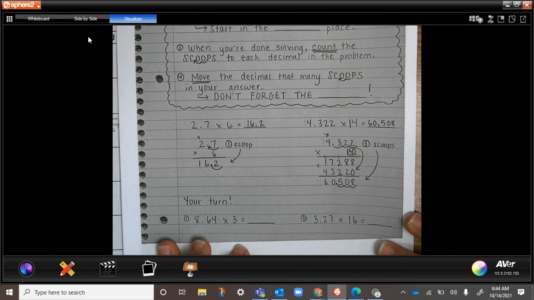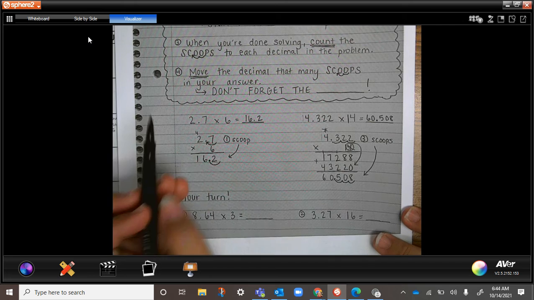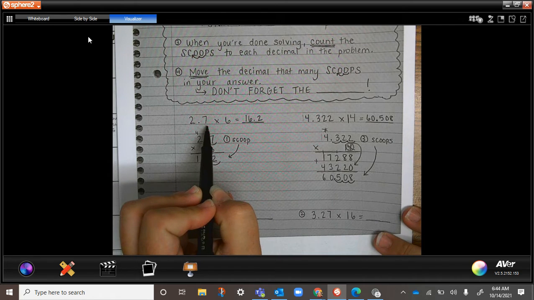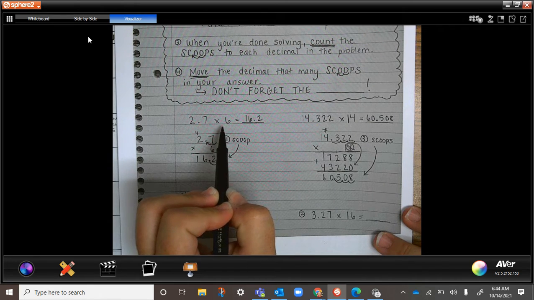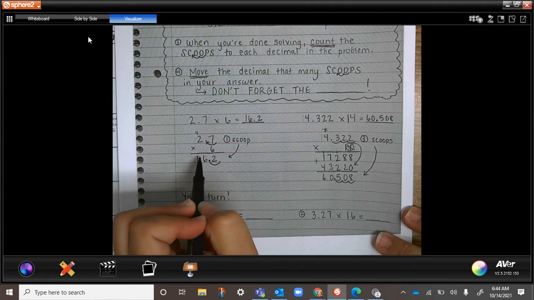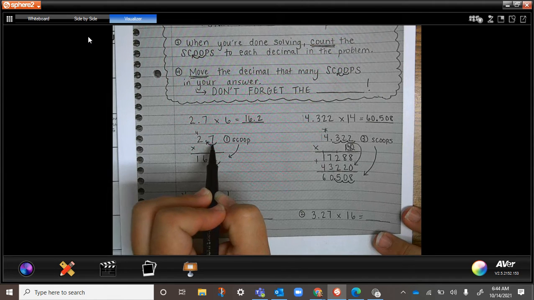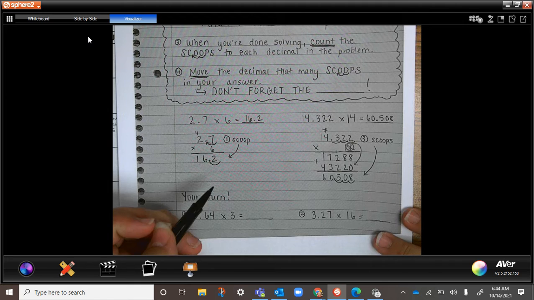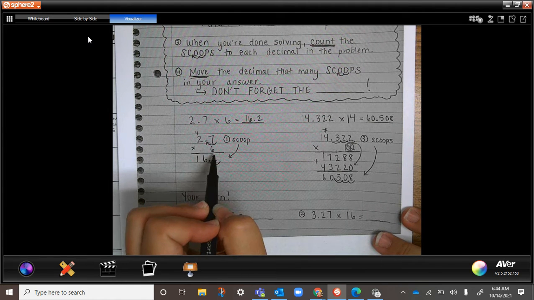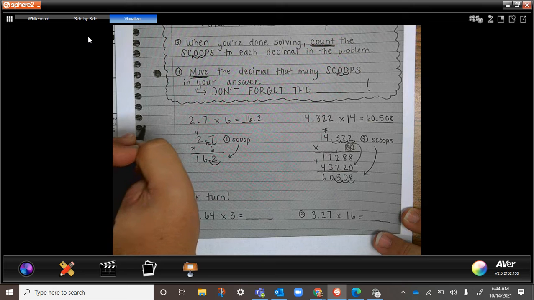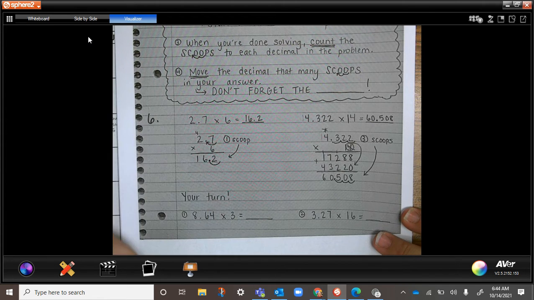So here, let's look at some examples. So if we have 2 and 7 tenths and we're multiplying it by 6, we're going to set it up like normal. So the one that has the more number of digits, put that one on top. And notice that the 6, normally when we write a 6, we would put the decimal at the end.